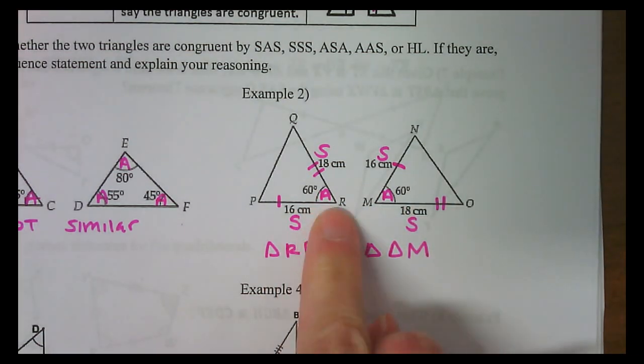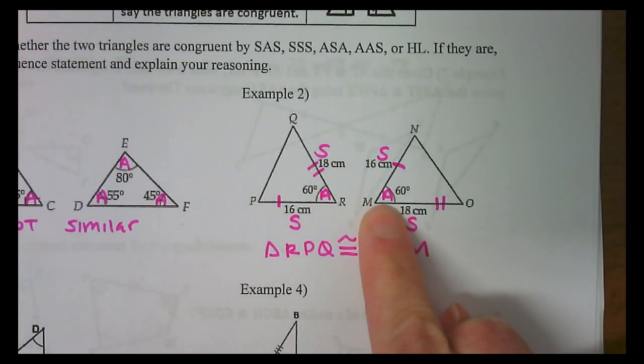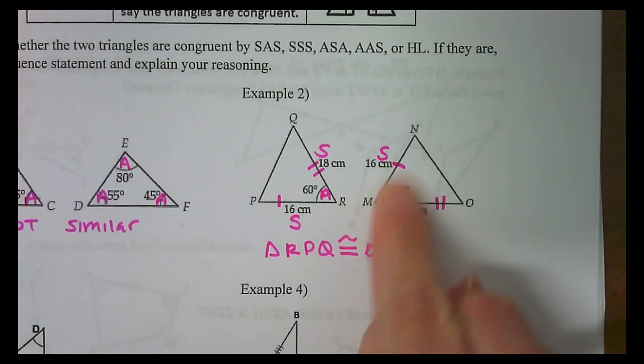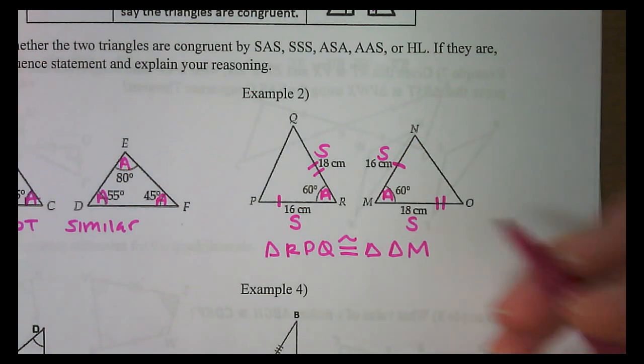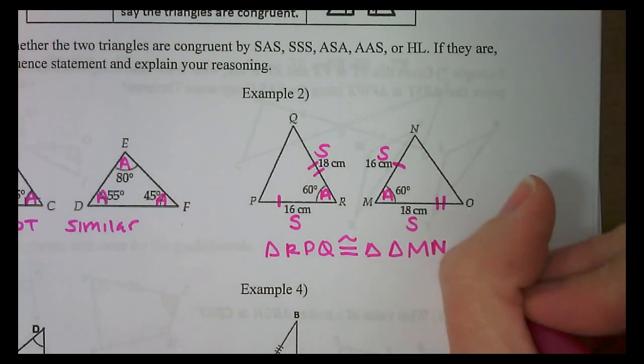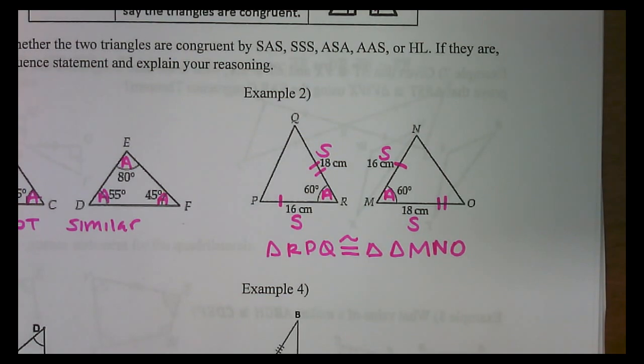I said RP. RP traces over the side that's 16. So then in this triangle, I'm going to have to trace over the side that's 16 next. So I'm going from M to N. And then I can put my third letter. It's important that you go in the correct order.